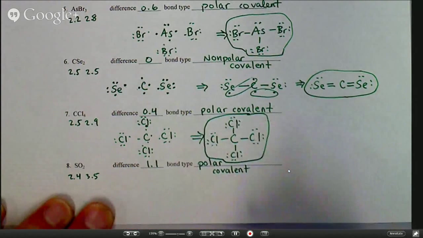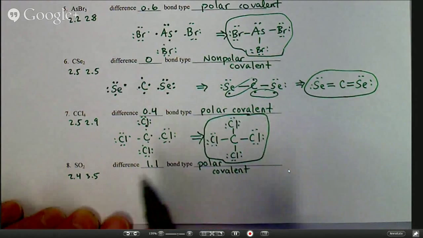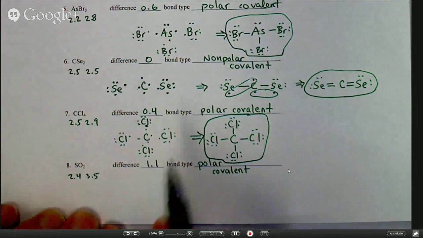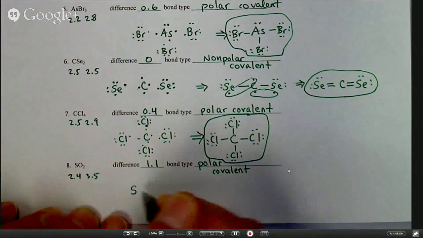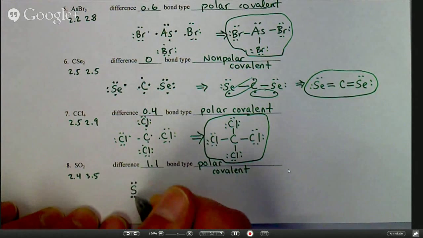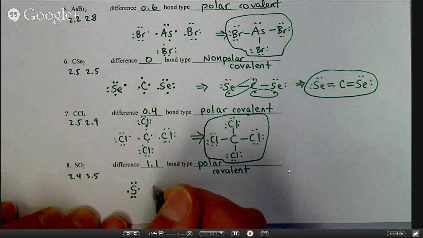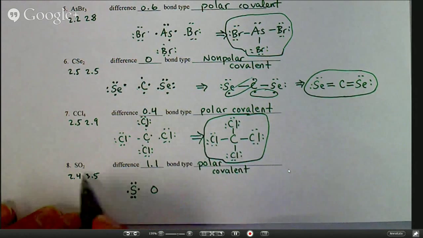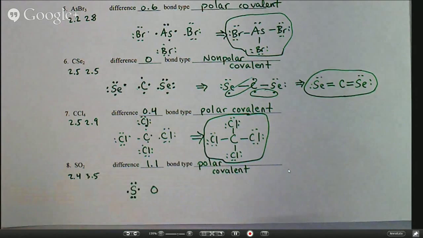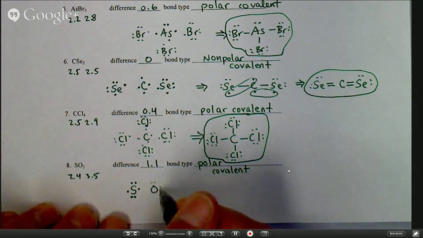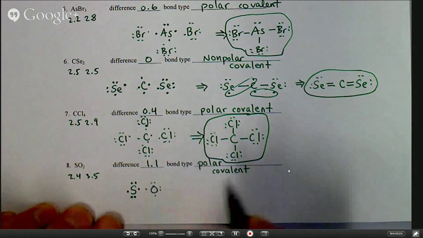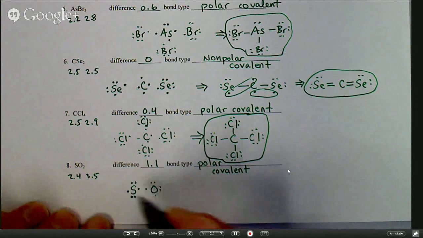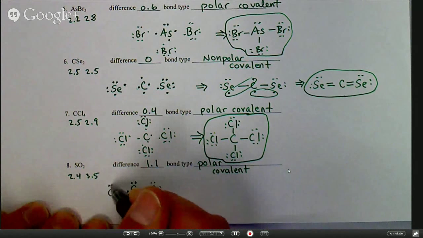Okay. And so the central atom here is the one that appears least, and it has the lowest electronegativity, which is sulfur. Sulfur has 6 valence electrons. And I'm arranging the electrons on sulfur this way because it appears if the central atom is sulfur, that there's going to be an oxygen on either side. And so we can start to be intentional about the electron placement for that purpose.